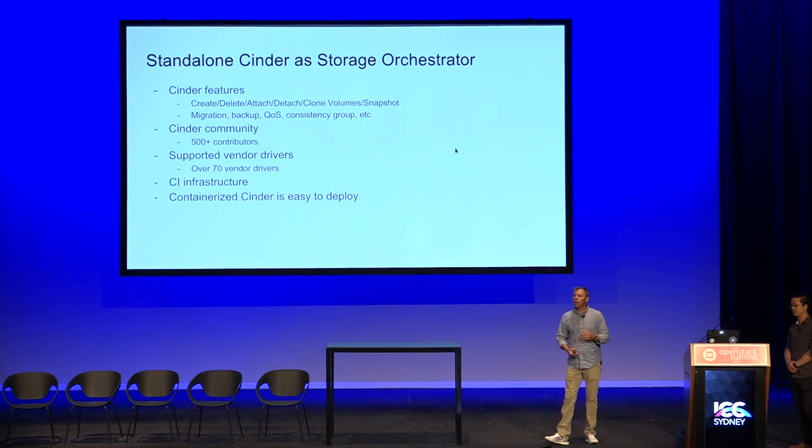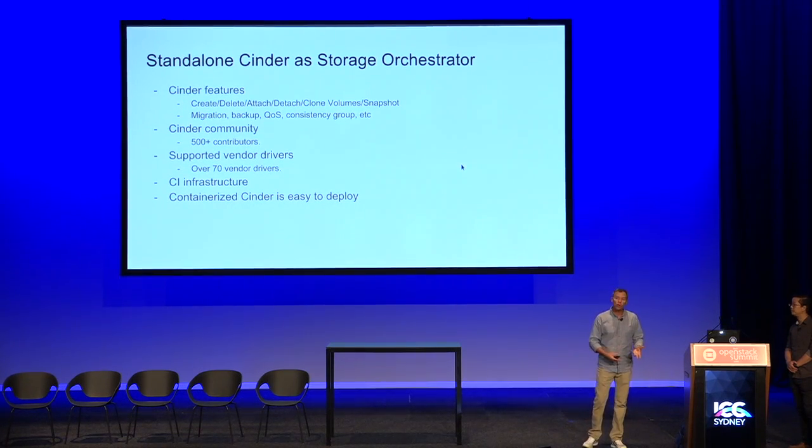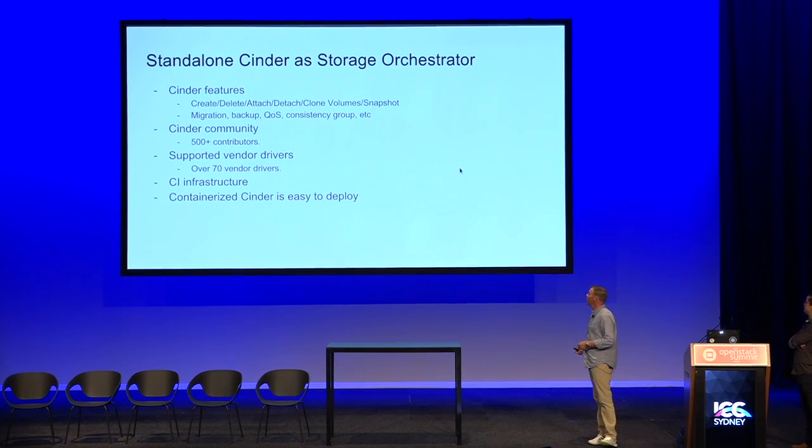And then the other big thing is, in the past, people had complained that one of the things about OpenStack services is they can be difficult to deploy. They can be a little bit tricky. So what we did is we created a subdirectory inside of the Cinder repo that does all of the work for you to containerize and deploy Cinder in Docker containers.